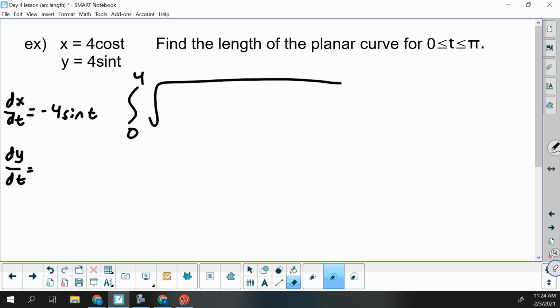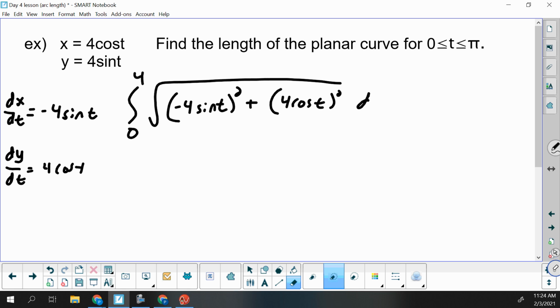And dy over dt will be positive 4 cos t. So we've got to do our dx over dt squared, so minus 4 sine t squared, plus dy over dt, so 4 cos t squared, and then dt on the end.